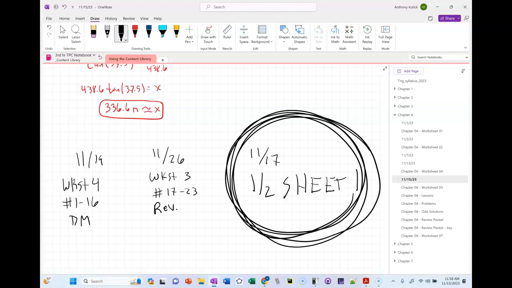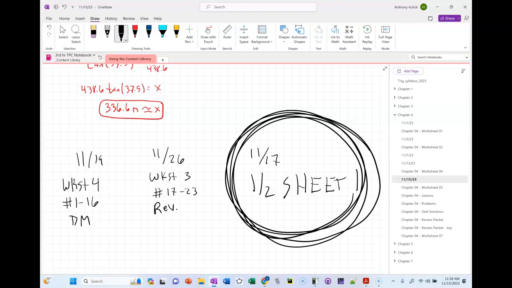Clear? So what's due when? Half sheet is due Friday. Yeah, half sheet due Friday. Gotcha. We got 40 numbers, and you got 45 minutes right now, and you'll have the class on Friday. Sound good?